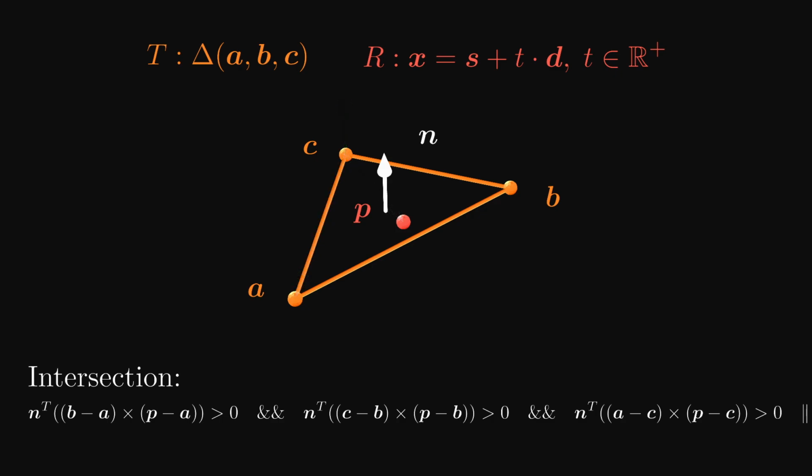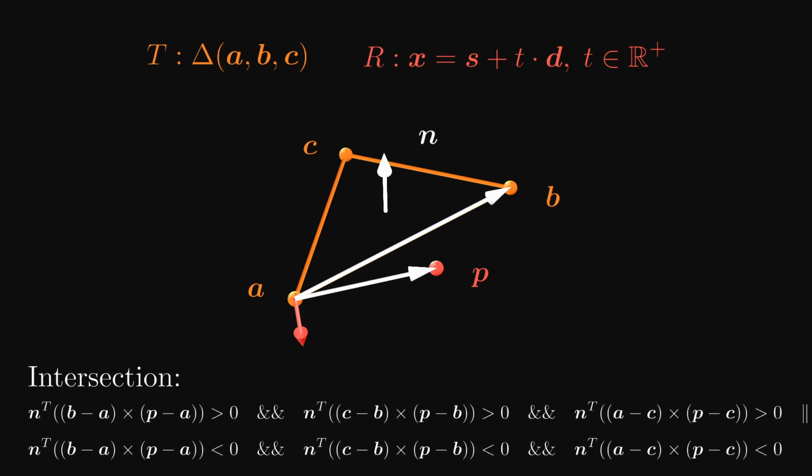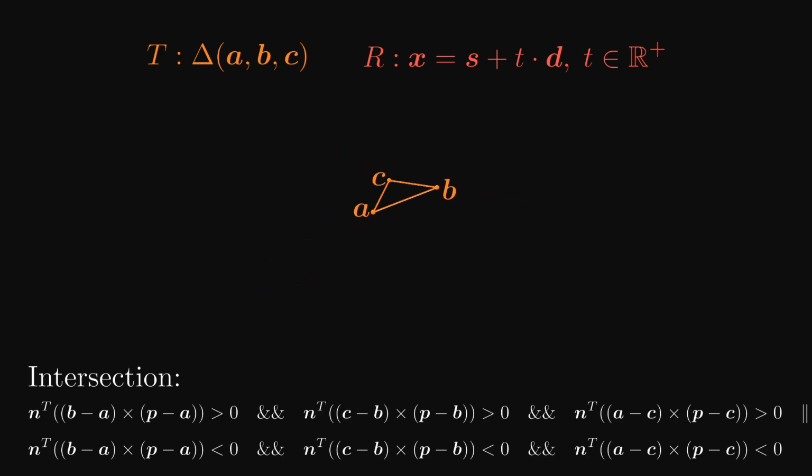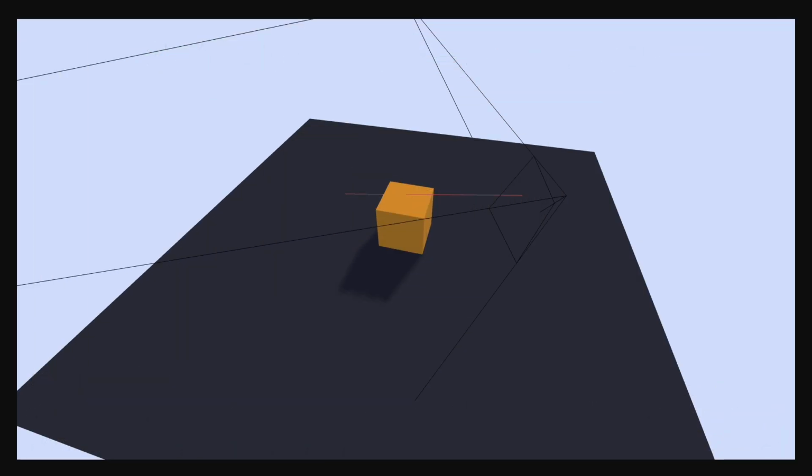If the point would lie outside of the triangle, as you can see here, the cross product would point in the opposite direction. However, if the winding order of the triangle is not like in this setup, it is important to check the exact opposite case. Then the point would lie to the right of every edge vector. So if all cross products point in the opposite normal direction, there is still an intersection. That's how I tested a given ray for an intersection with the triangle.